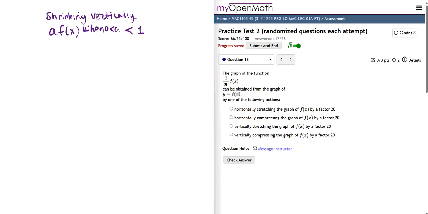So when this happens, you're shrinking it vertically. Let's say I have y equals 2 and I multiply that times 1/2. 1/2 times 2 is going to make it shrink down to 1, right? Whereas if I multiplied that same value 2 times a number above 1, let's say 3, that would increase it.